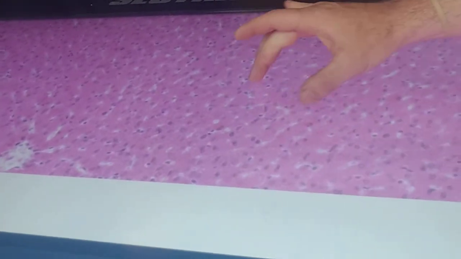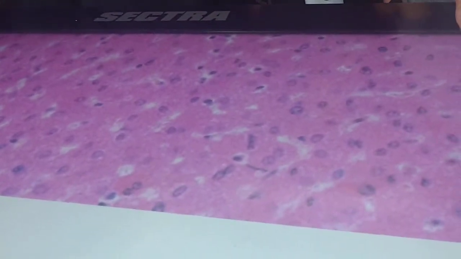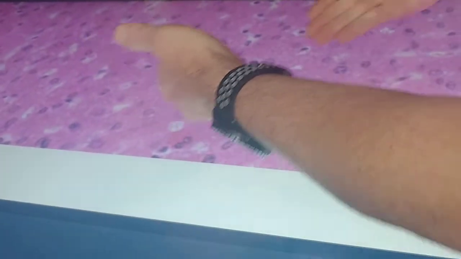These hepatocytes will line, let's just pretend right there is a bile canaliculus. It's lined by these hepatocytes, so they would be secreting bile into that, which is now going to be running this way out towards my bile ductule. So it's kind of a bidirectional flow there of bile.